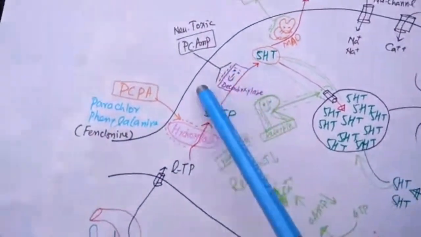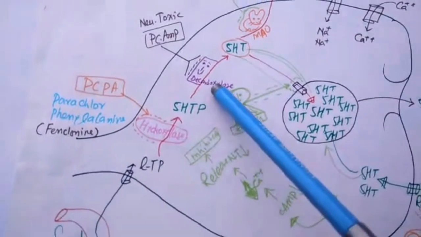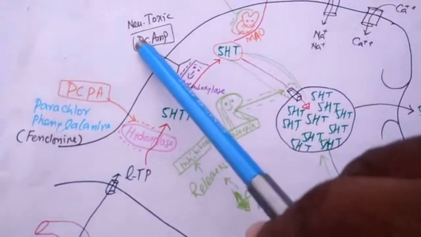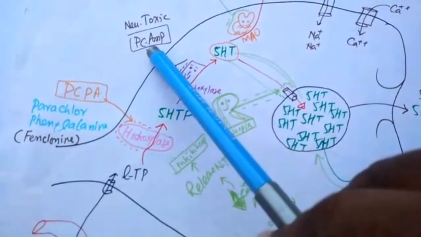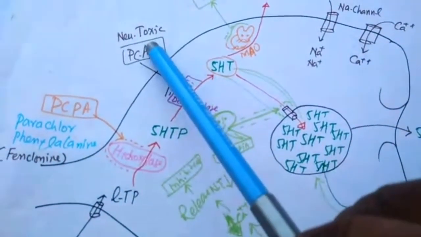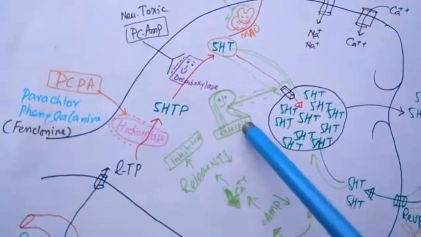So further development of this drug was not carried out. Similarly, this decarboxylase enzyme is blocked by PCA, parachloroamphetamine, and this is neurotoxic. That's why this drug was also not developed.